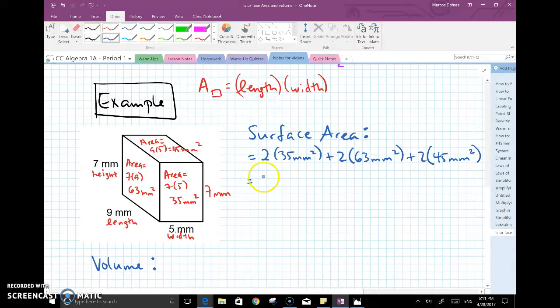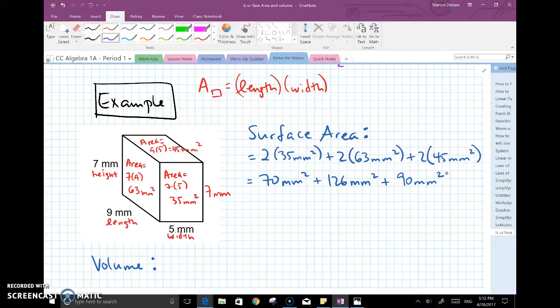So 2 times 35 is 70 millimeters squared. 2 times 63 is 126 millimeters squared. And finally, 2 times 45 would be 90 millimeters squared. So to get the total for all this, you just add everything up.